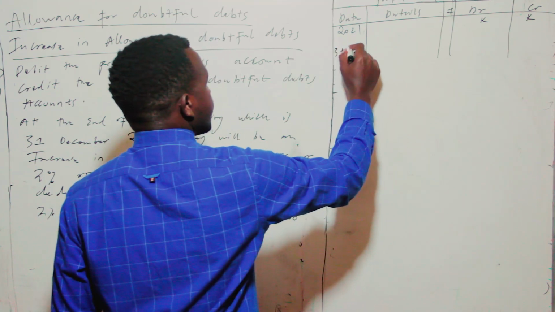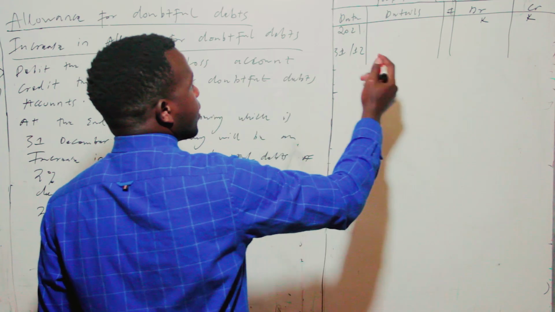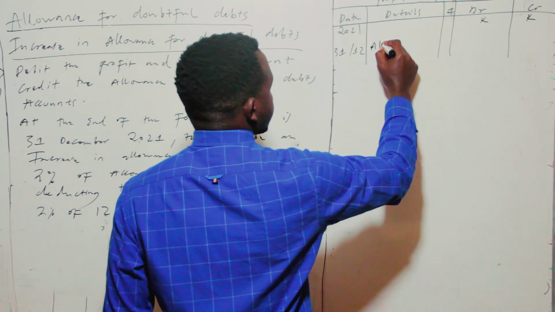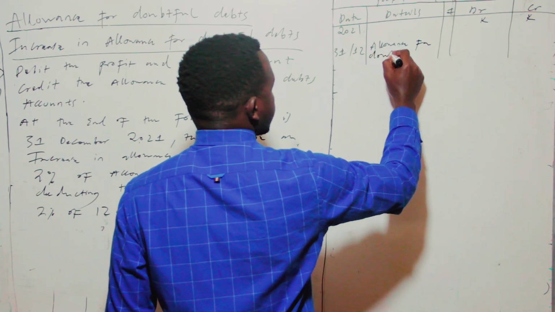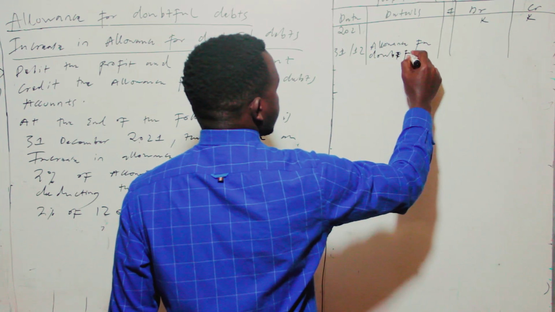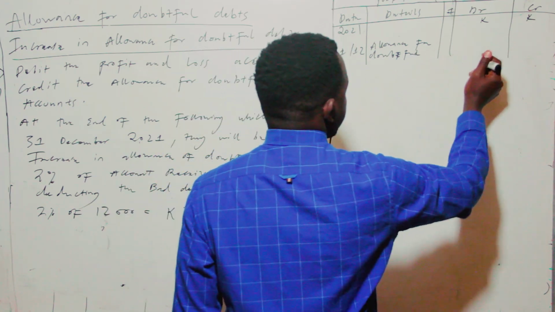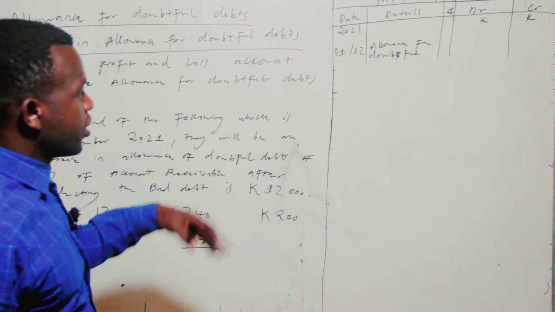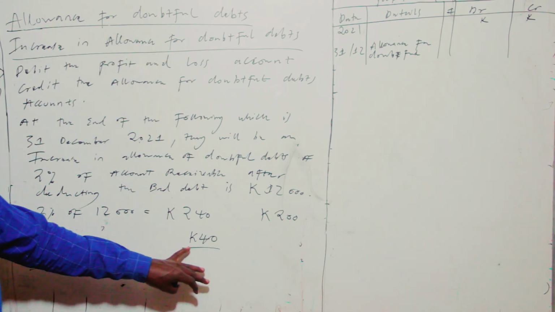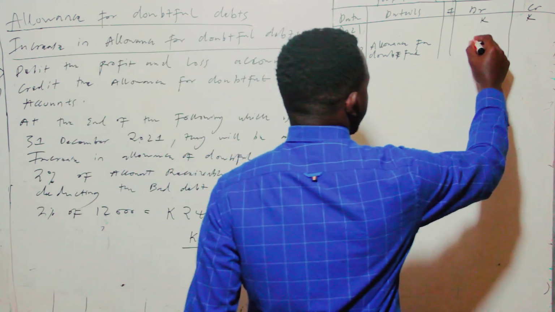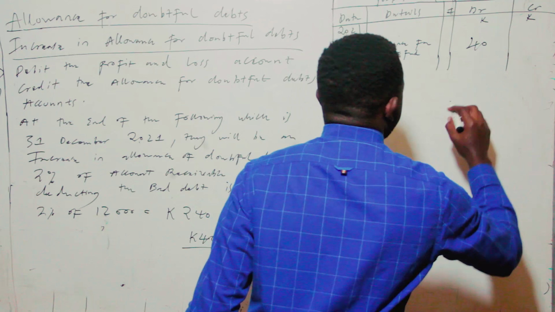So we're going to say 1st of December, then we'll say allowance for doubtful debts. So we are going to debit the profit and loss account with 40 kwacha. Since there is an increase of 40 kwacha, we're just going to put 40 kwacha. So that's going to be the profit and loss account.